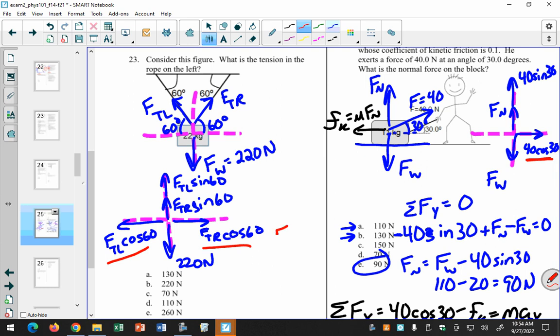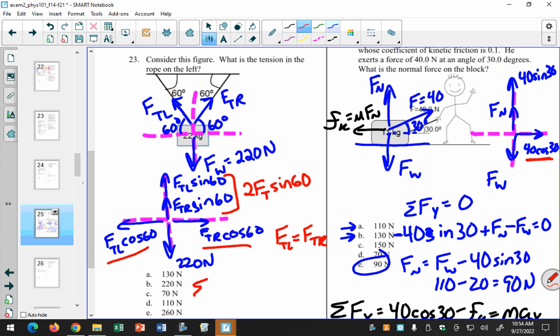That means that FTL is equal to FTR. That only happens when the angle is equal, okay? So FTL is equal to FTR. That means that I can combine these two and just say that these are equal to 2FT times sine of 60. Right, if FTL is equal to FTR, then I can just replace that with twice that value.